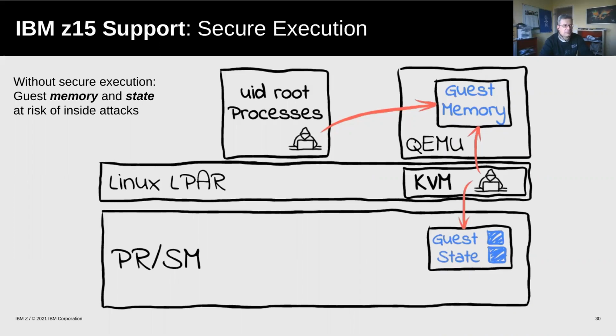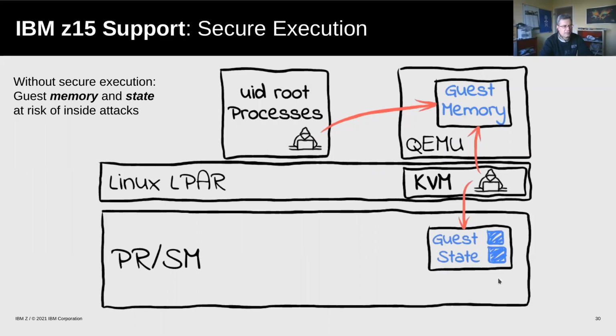And there's now a couple of attack vectors possible. For one, somebody could be inside your Linux kernel, some evil attacker, and start to mess around with your guest memory. Or you could have another user ID root process, which starts to attack your guest memory. Likewise, there's guest states stored here in Prism.